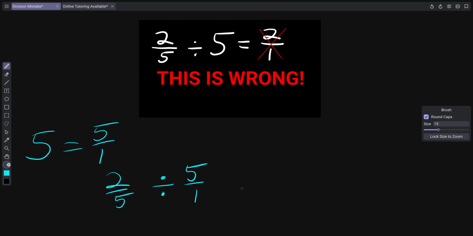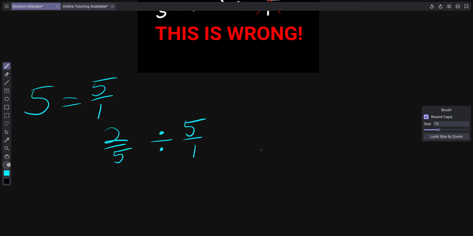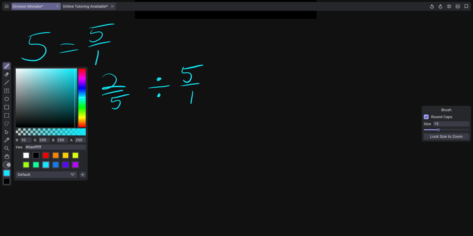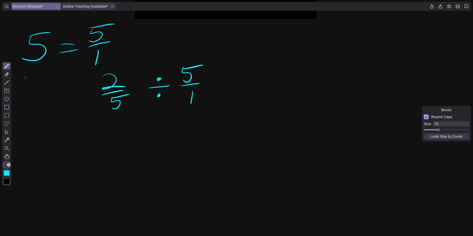And when you divide fractions, it's basically a two-step process. The first thing you do is just leave this the same. I'm going to write it over here.